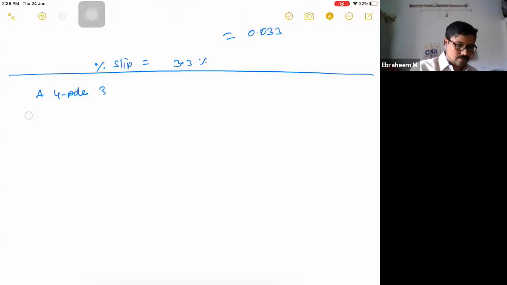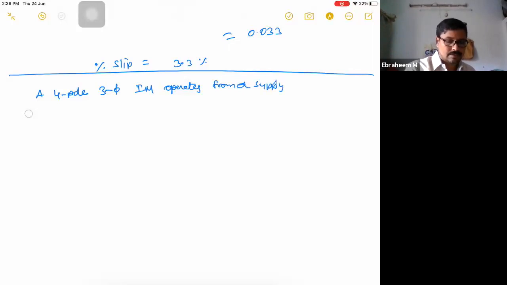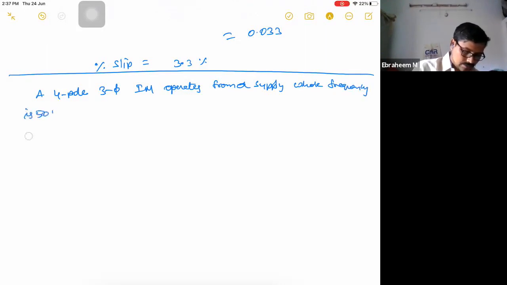A 4-pole 3-phase induction motor operates from a supply whose frequency is 50 Hz.